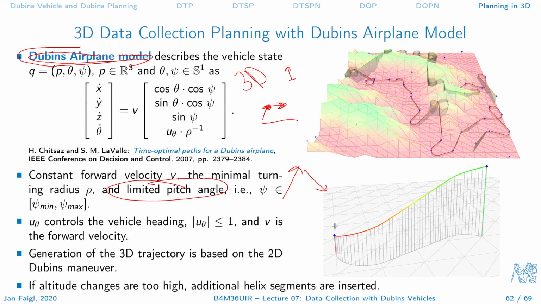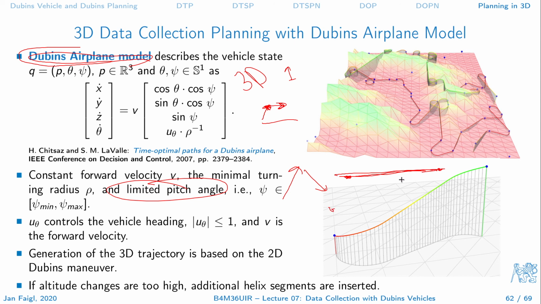Basically we have, let's say, three types of maneuvers. We have some very far locations with different altitudes. If the locations are at the same altitude, it is actually the Dubins vehicle.